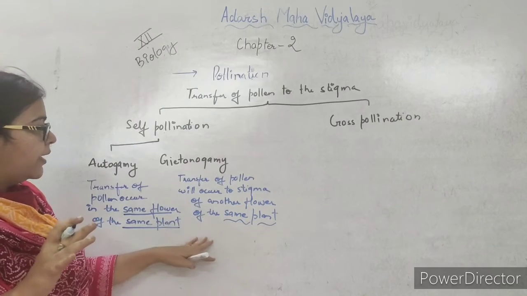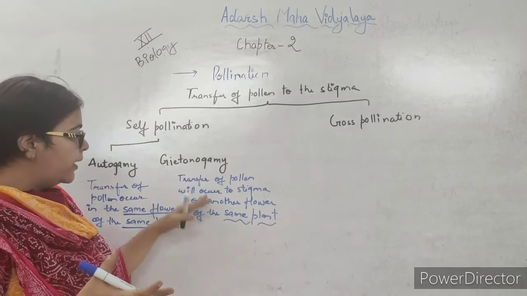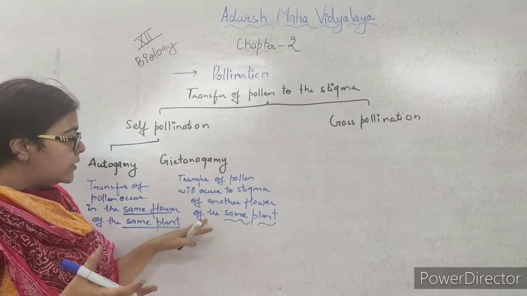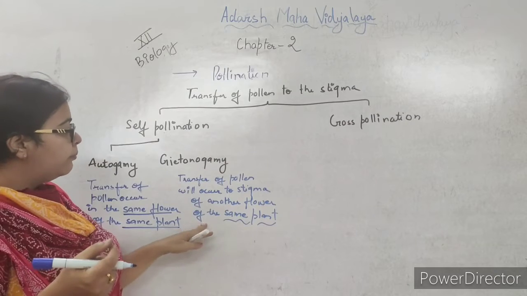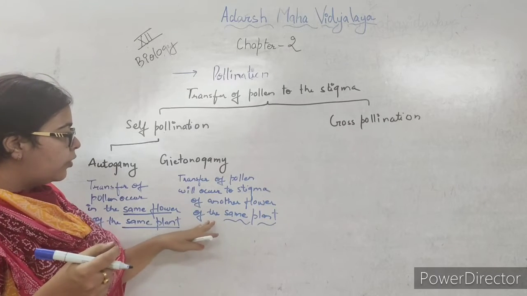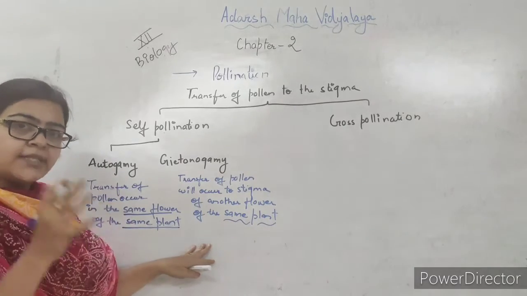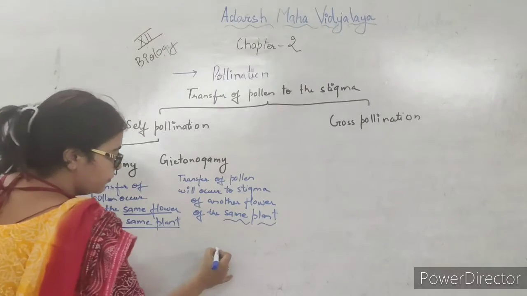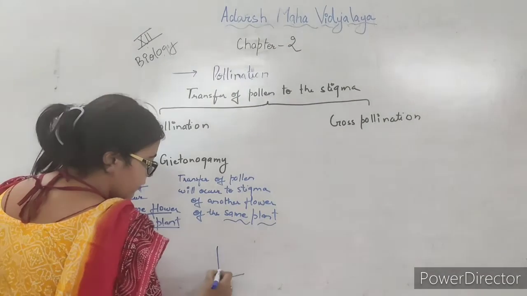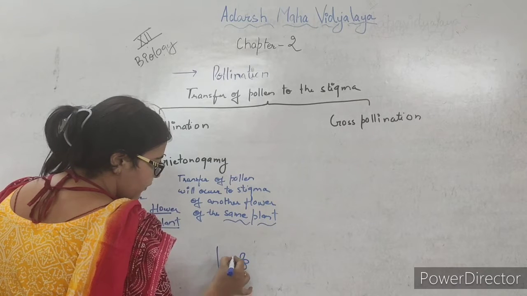Now here we can say that the plant can have unisexual flowers. So when the plant will have unisexual flowers, the pollen from one flower will come onto the stigma of another flower of the same plant. Like, there is a plant and these are the two flowers, we can say. Now this plant is having unisexual flowers.